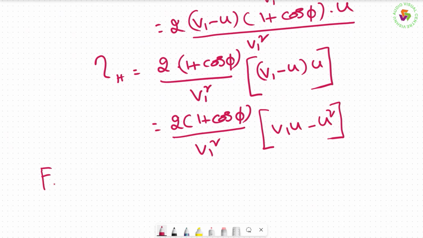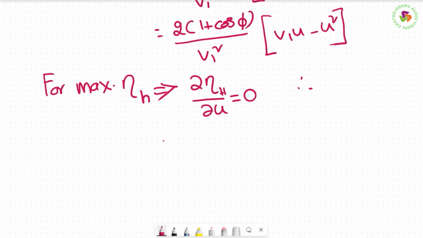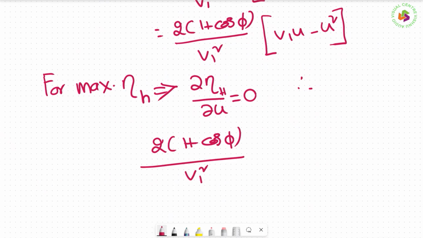For maximum hydraulic efficiency, d eta by dU is equal to 0. Therefore, 2 into (1 plus cos phi) by V1 square, which is only a constant outside, into d by dU of (V1 U minus U square) is equal to 0.